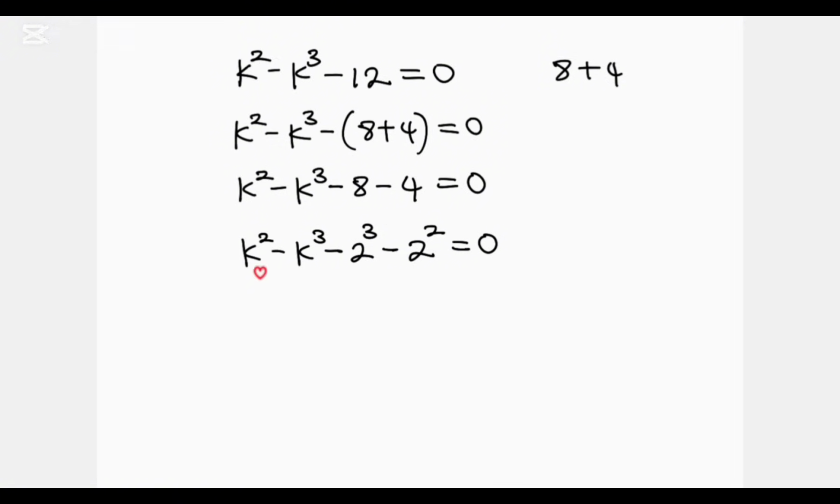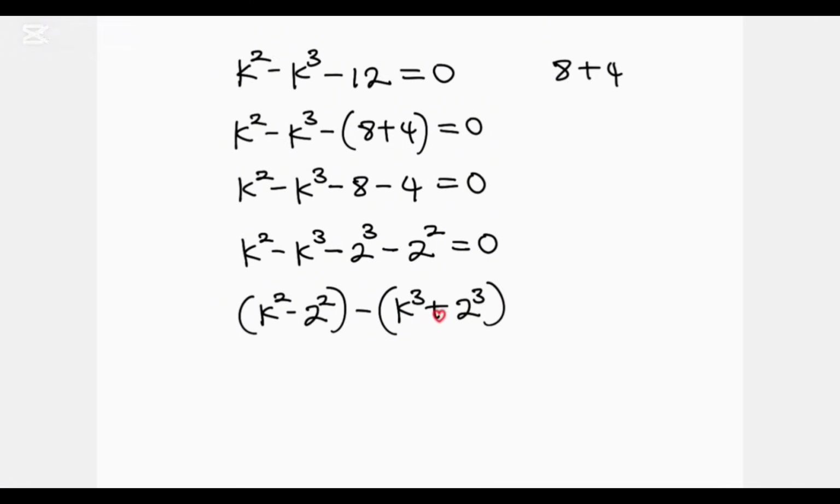I'm going to be pairing the terms with square, and I'll pair the terms with cube. Now let's pair the ones with square first. So we have k squared minus 2 squared. And then minus, now pair the ones with cube, k cubed, and then plus 2 cubed.